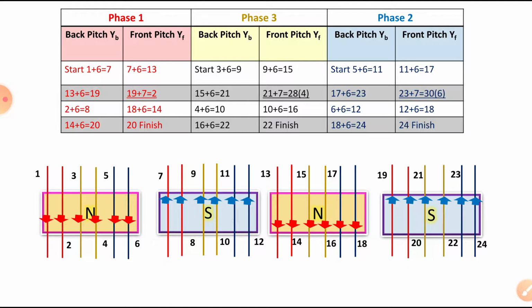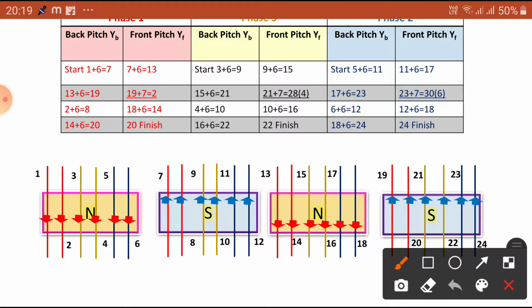So now with the help of this winding table and these parallel lines, we are going to draw these things. Okay, so let us connect it. Here what has happened? First we started from this one.